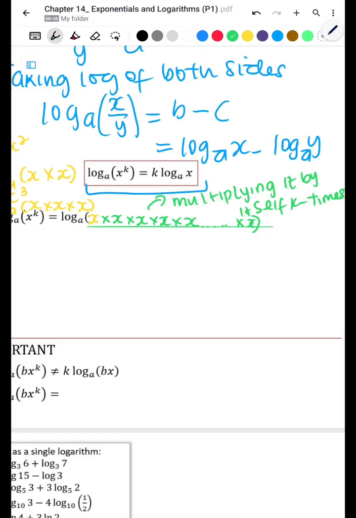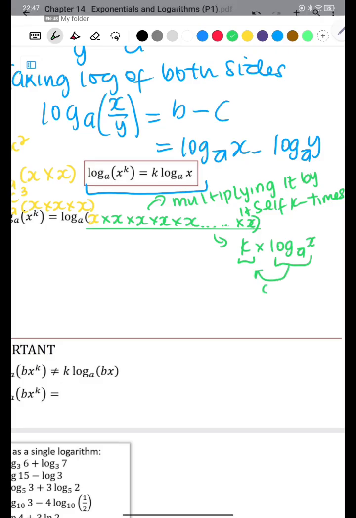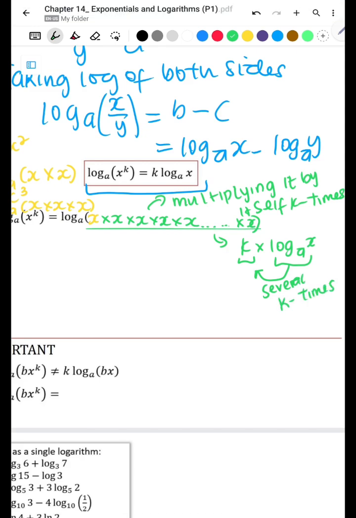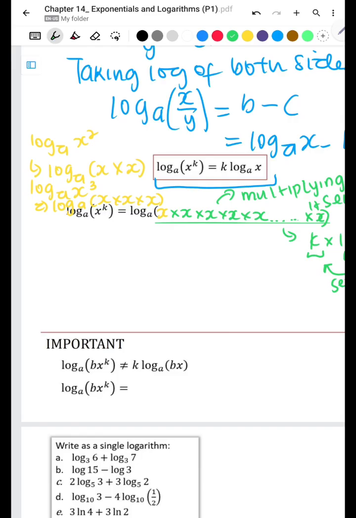So basically I am adding k lots of log base a of x. I don't know what my k is, but I'm doing this several times, k times. Now this is where it gets interesting. This multiplication is saying log base a of x plus log base a of x plus log base a of x, k times.